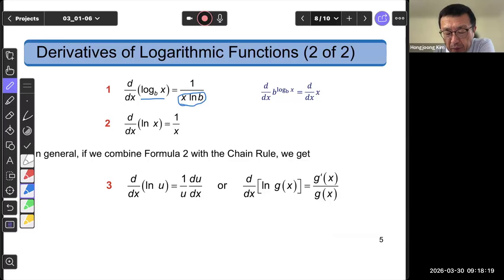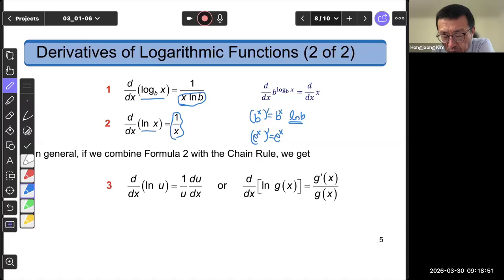And when b is e, you get the natural logarithmic function, and its derivative is simply 1 over x. So please remember that when b to the x is differentiated, you get b to the x times ln b. So ln b is multiplied, and when b is e, the derivative of e to the x is e to the x.